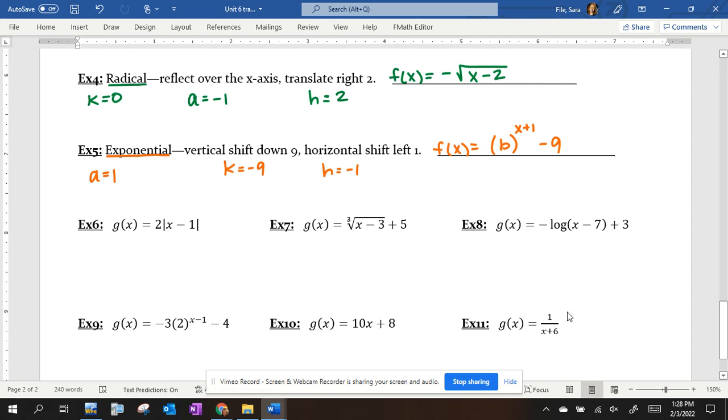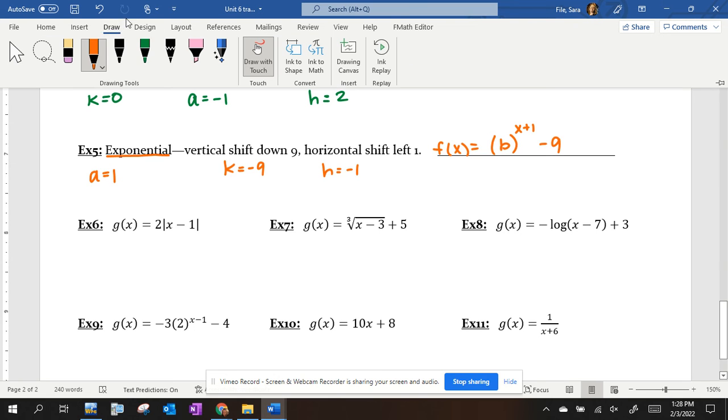Now, I don't have the graphs on here, but the second page that I gave you, the practice for you to try on your own, is you graph describing it like we're about to do and putting it on the graph. And the graph that is given has the parent function on there. So you're able to literally just transform the points from the parent function. Okay, but for now, we're just going to do our descriptions here.